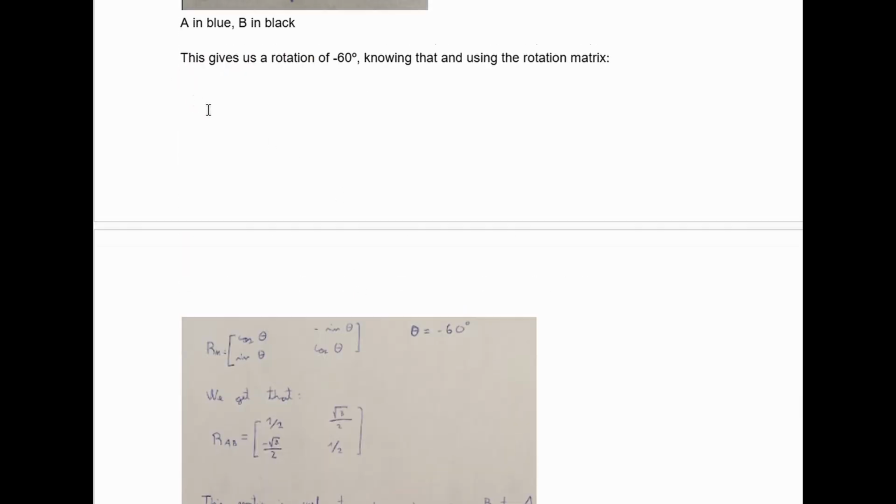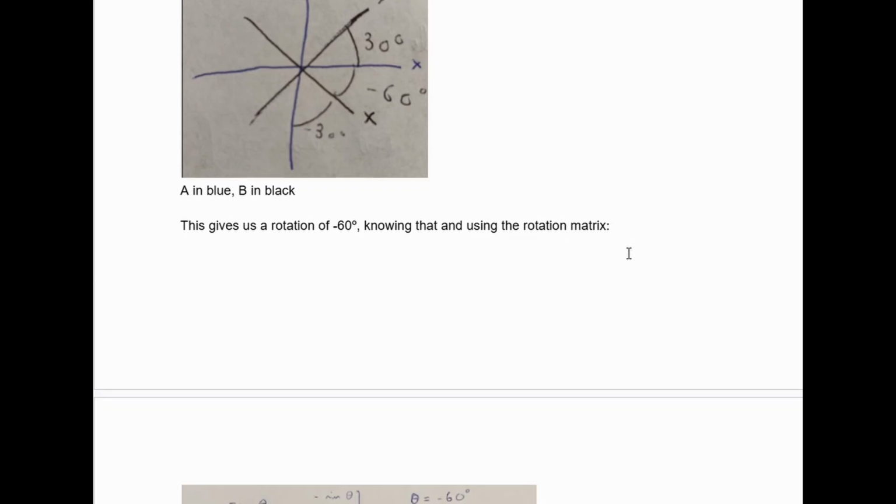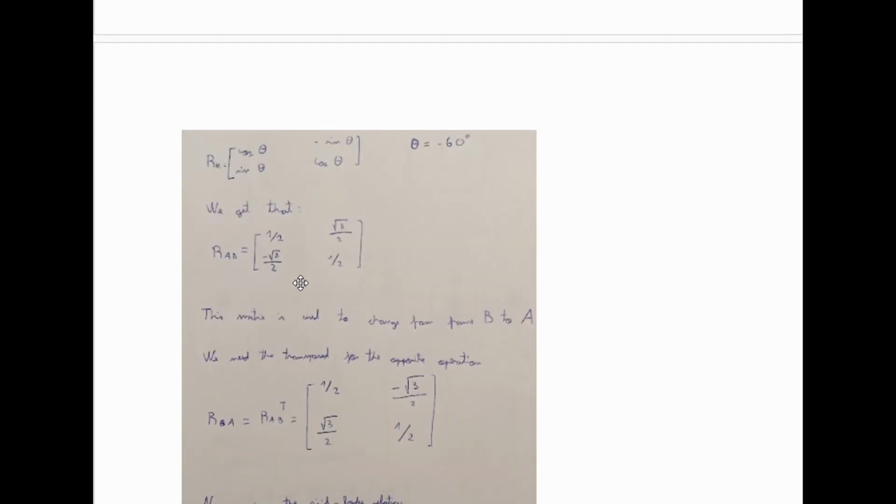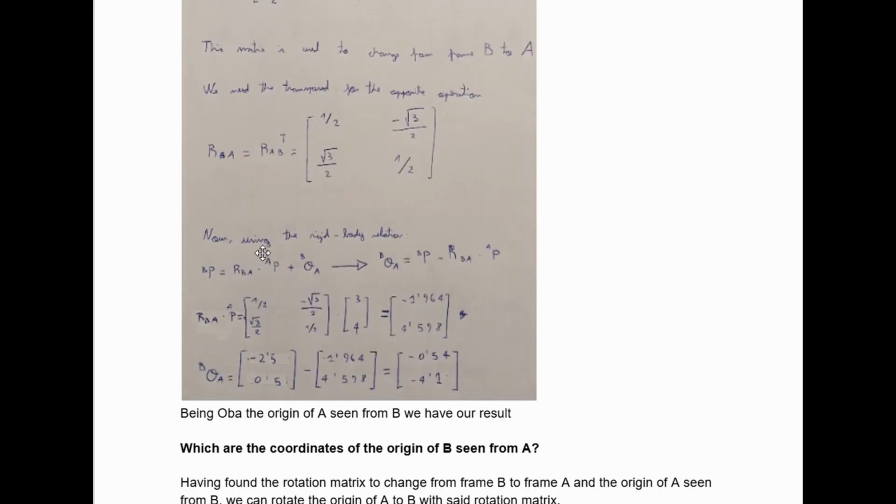Having this, we can find the rotation matrix. This rotation matrix is this one that lets us transform from B to A. In order to transform from A to B, we'll have to find the transposed rotation matrix. And since that's what the exercise is asking us, this is what I did.